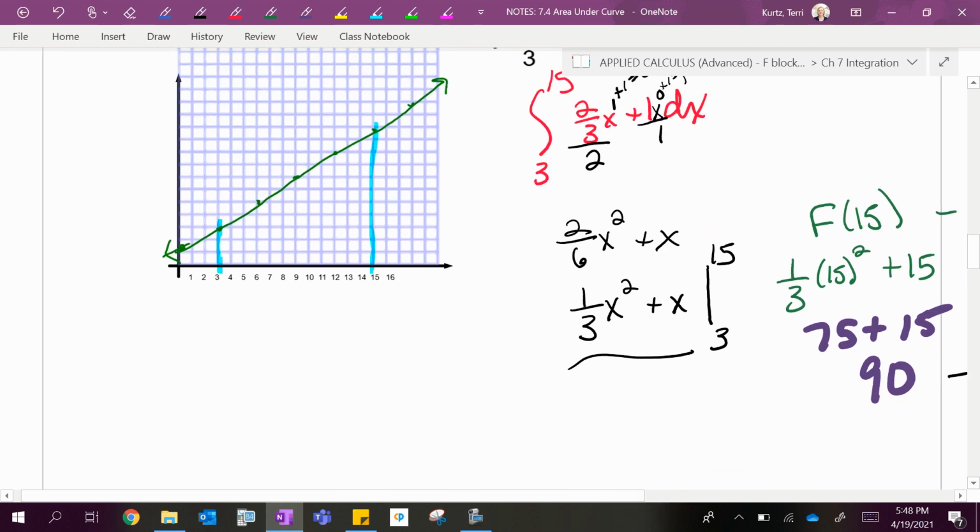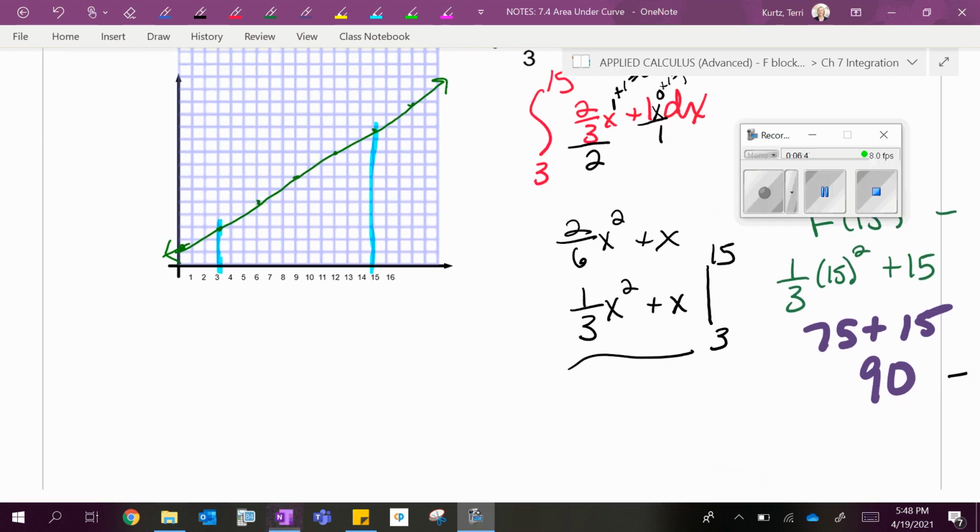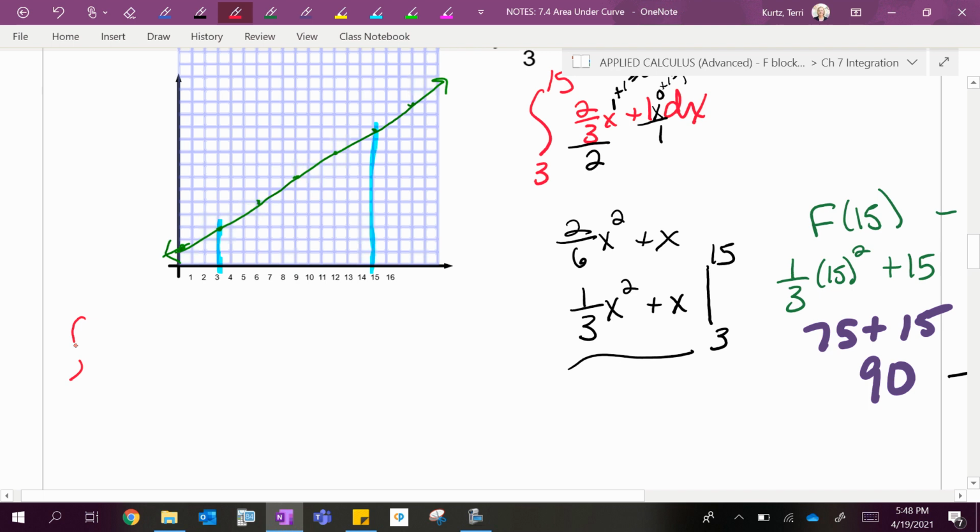Now, I want to talk a little bit, again, I'm not going to go too much into theory here because we haven't looked into that this whole year, but I do want to talk about how this works in a very broad sense. So here we have the setup or the formula for the definite integral, okay?